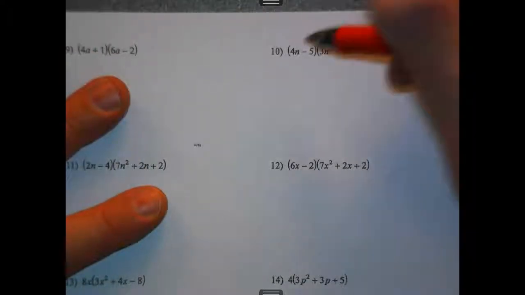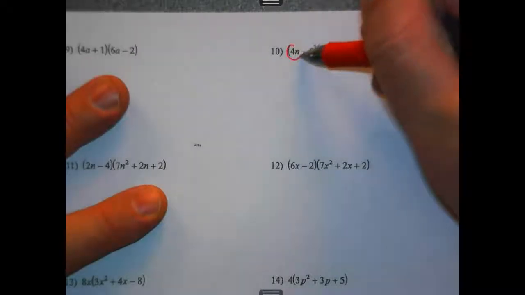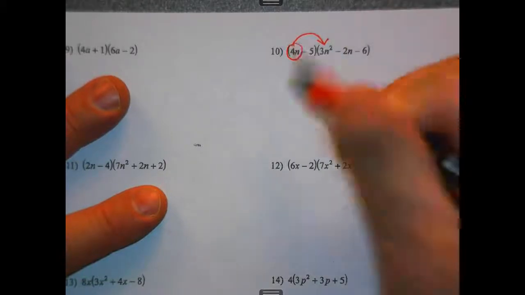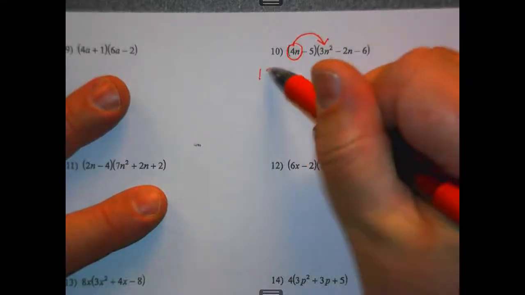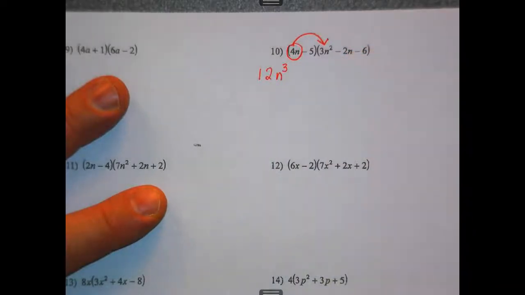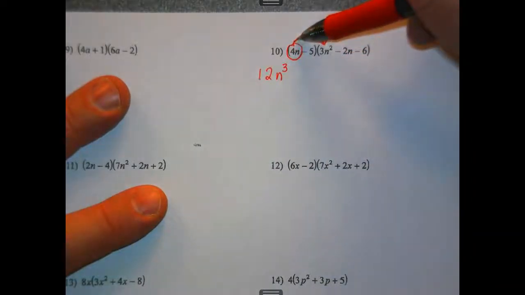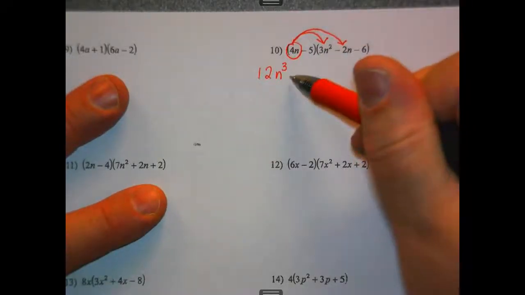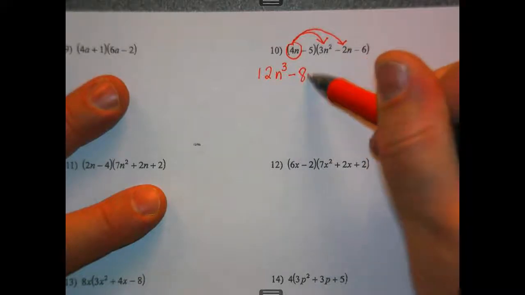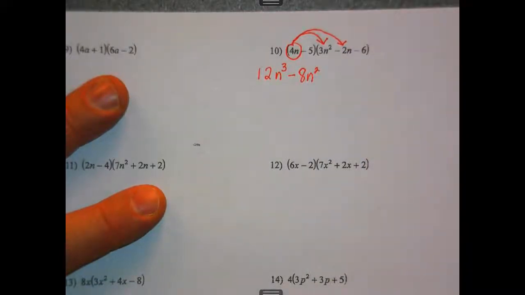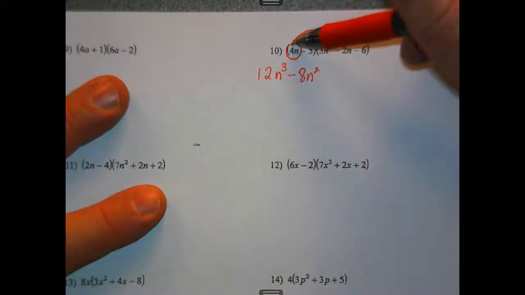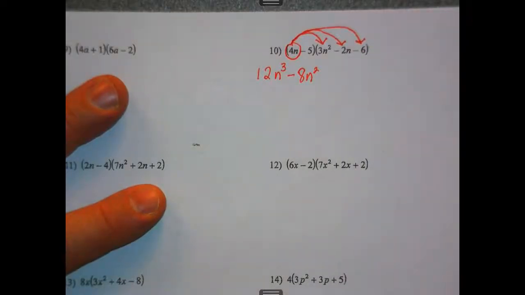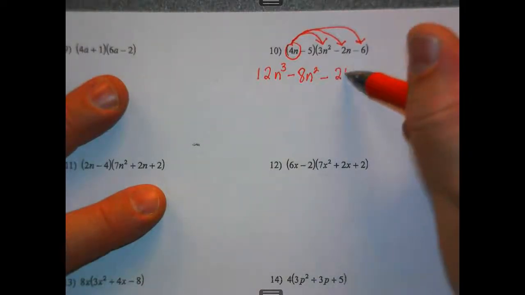So I'm gonna distribute. 4n times 3n squared is 12n cubed. 4n times negative 2n, negative 8n squared. 4n times negative 6, negative 24n.